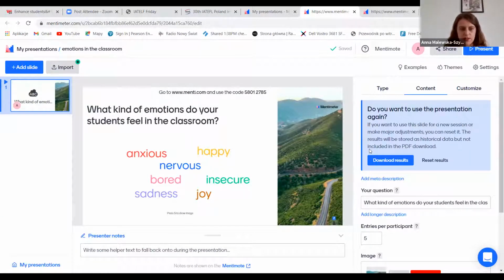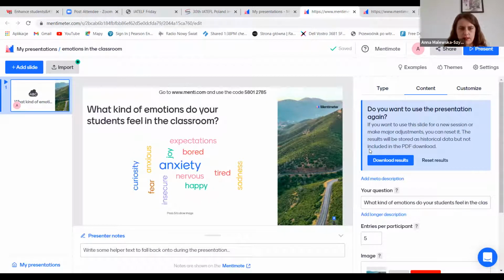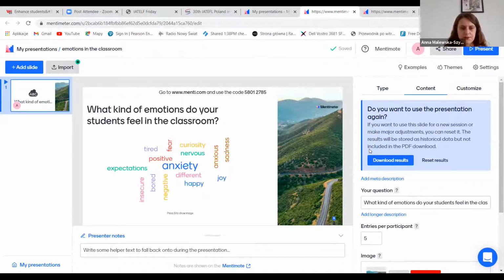Okay, so we have quite a few emotions mentioned here. Anyone else? Okay, expectations. Well, maybe they might be a little bit apprehensive.